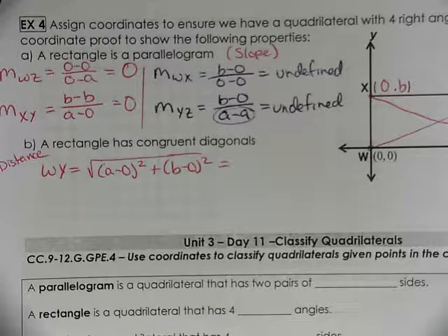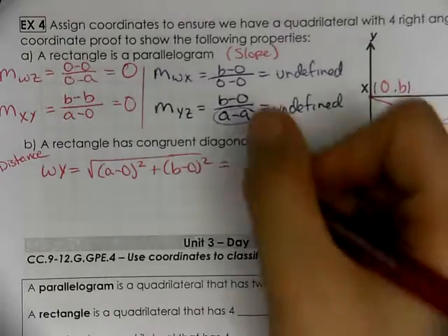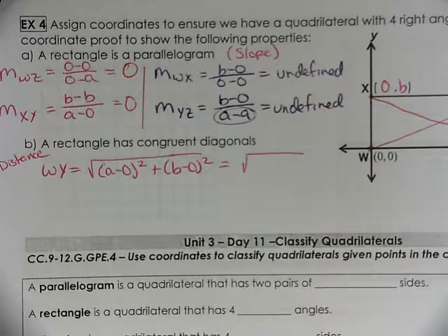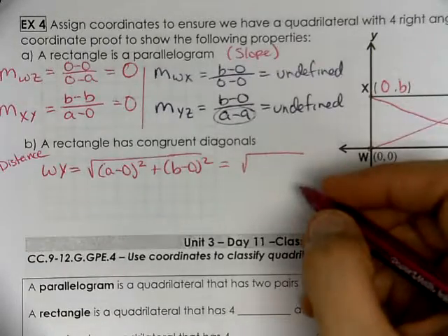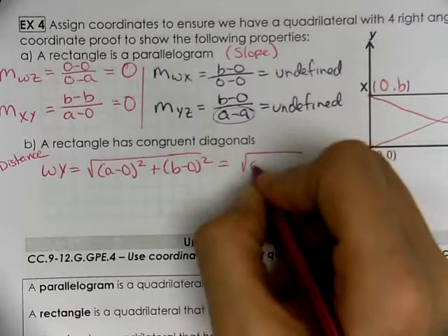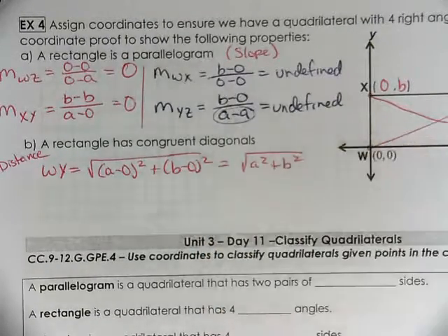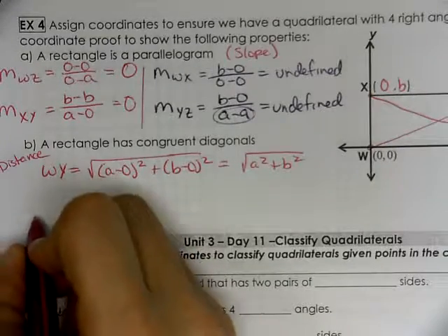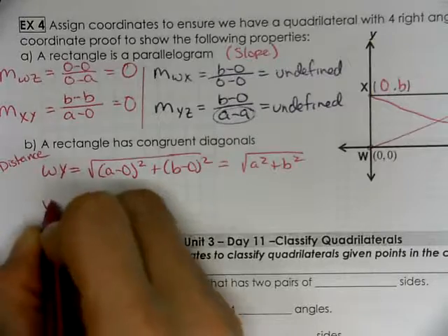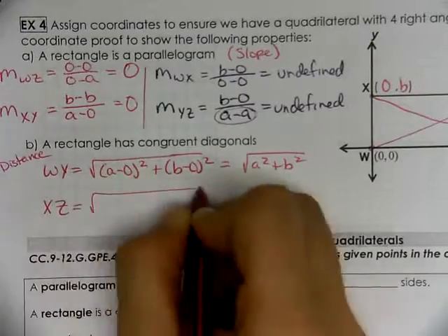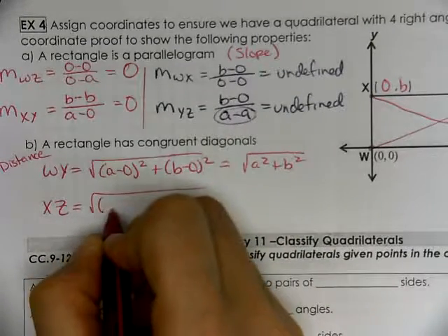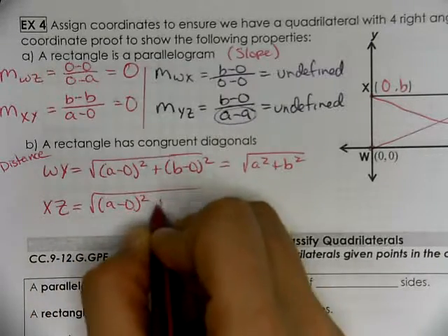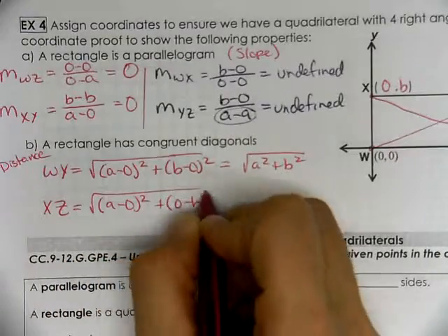What does it simplify to? A squared plus B squared. Now X to Z. A minus 0 squared, 0 minus B squared.